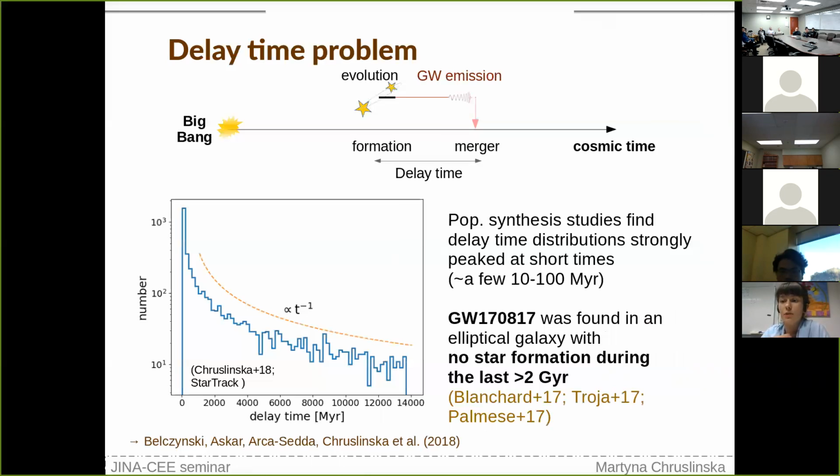And this was only to highlight that, well, even if we can understand the high merger rate implied by gravitational wave observations within our standard evolutionary scenario for the formation of a merging double neutron star, there are still some elements that don't quite match, and there's still work to be done.